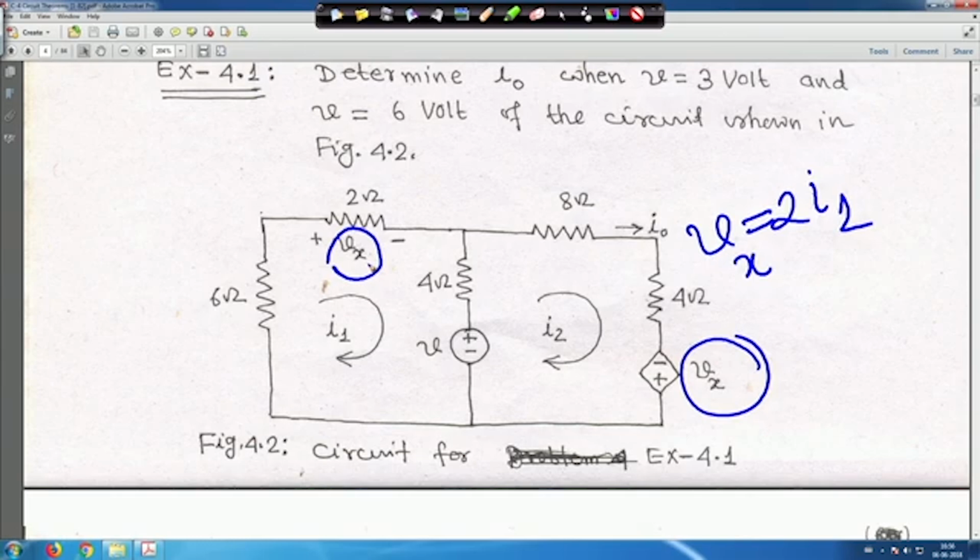In this case, if you see, there are two meshes. One voltage source is there, not a current source. So you apply KVL, solve it, and prove whether the circuit is linear or not.